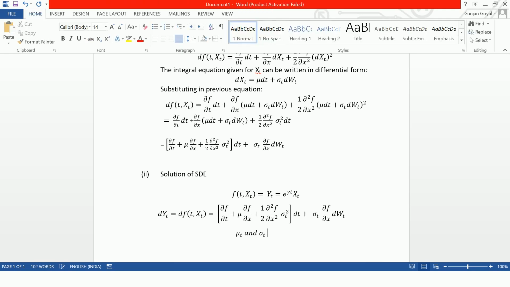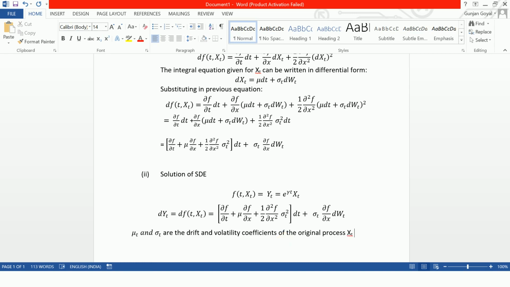These are the drift and volatility coefficients of the original process Xt.